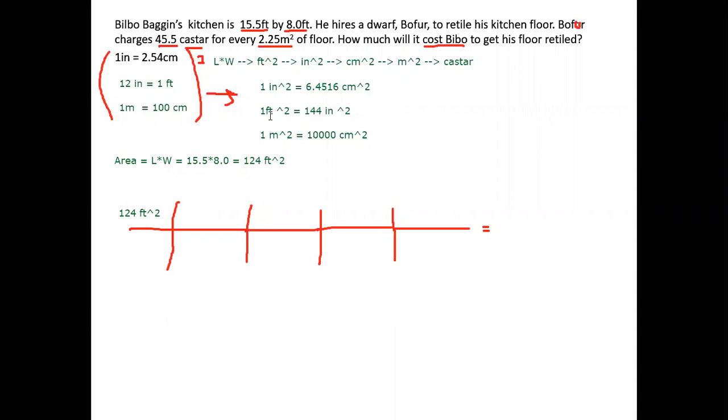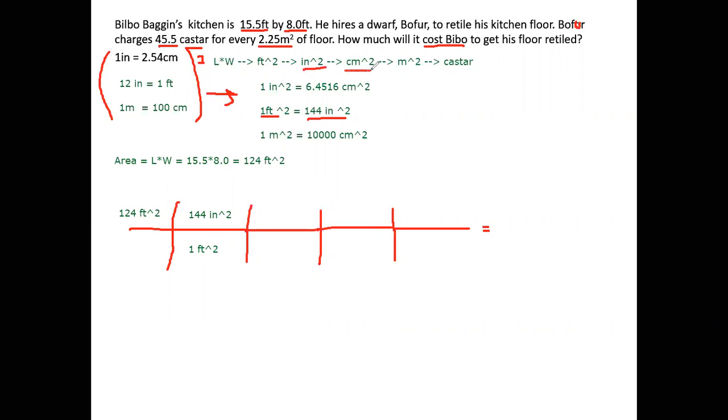So in our conversion factor of feet squared and inches squared, we're going to put feet squared on the bottom, inches squared on top. So now we have inches squared. We've done step one.